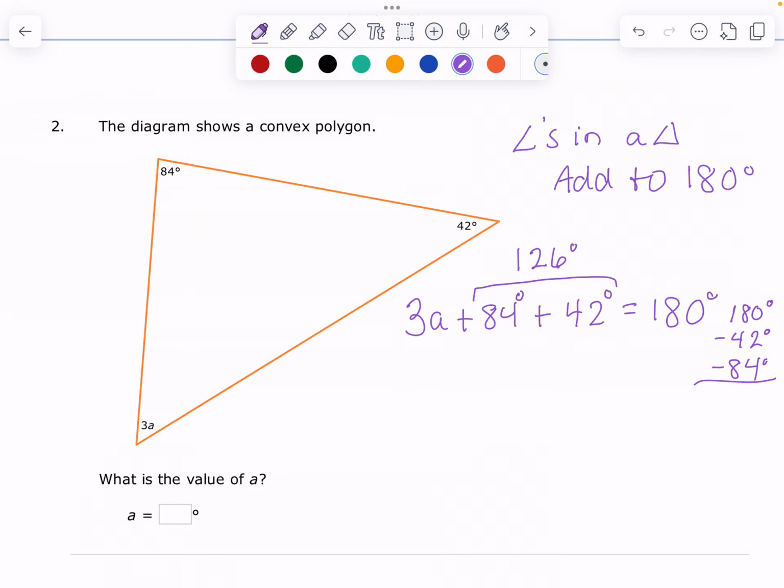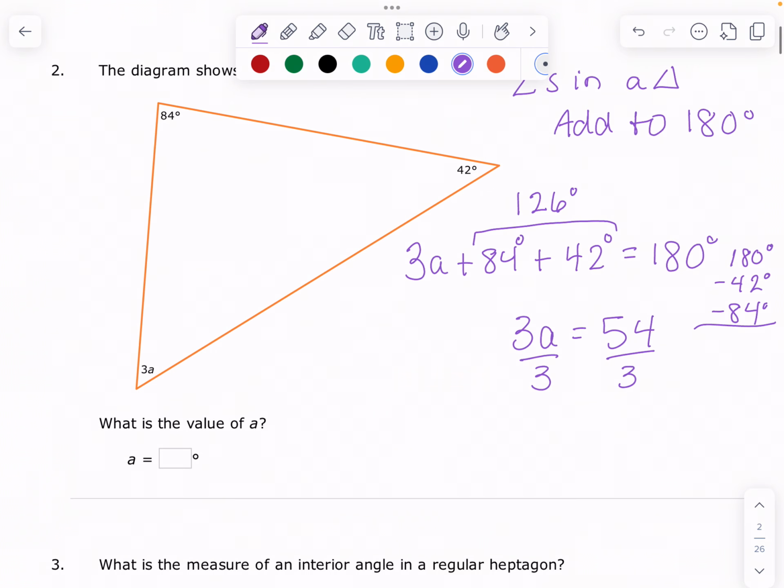So we'd have 3a equals 54. Then we divide by 3, which we can again use decimals for. And then a would be equal to, let's see, 18 degrees. Again, you can use decimals. Good.